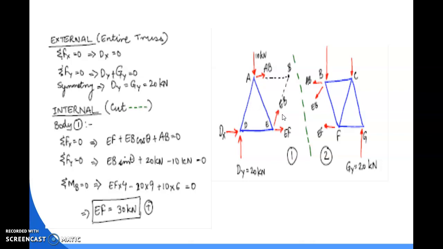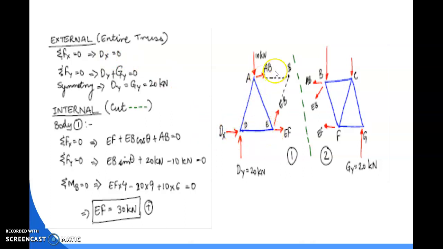Hence, the total number of horizontal forces for this part is 4: one is Dx, another is FAB, another is FEF, and the last one is FEB cos theta. We know that the value of Dx is 0, which we already calculated in the external analysis, so that term will be 0.